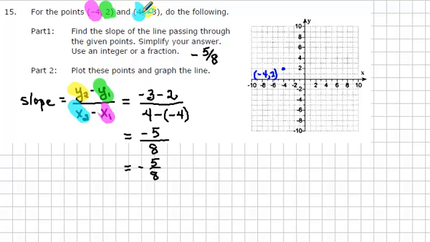Secondly, plot the second point, (4, -3). So start at the origin, go 4 units to the right, and then down 3. And that is the point (4, -3).